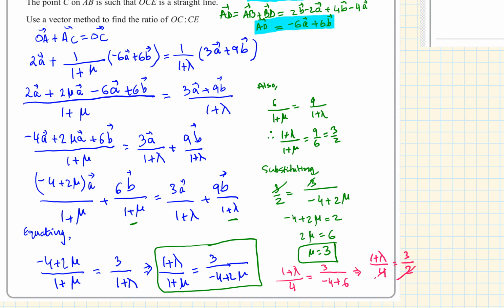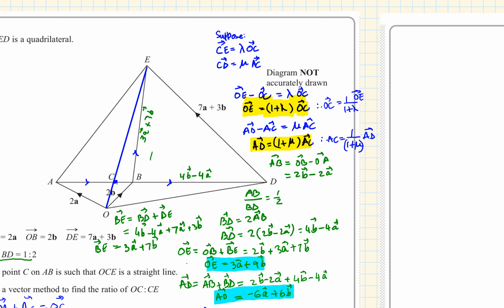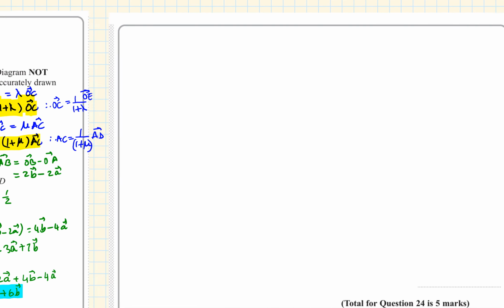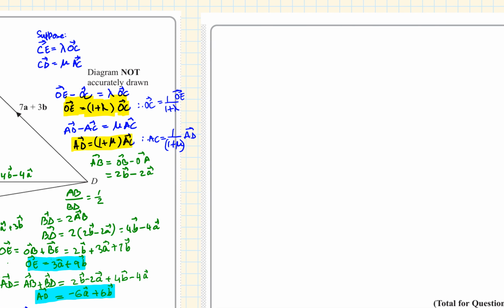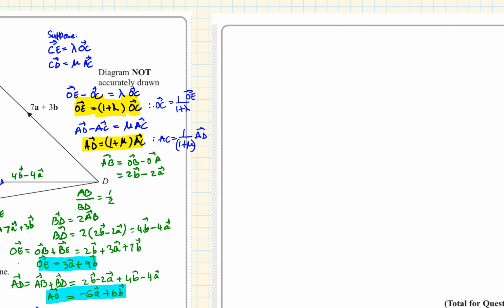So 2 times 2 is 4, and therefore 1 plus lambda equals 6, and therefore lambda equals 5. So we know that lambda equals 5 now.